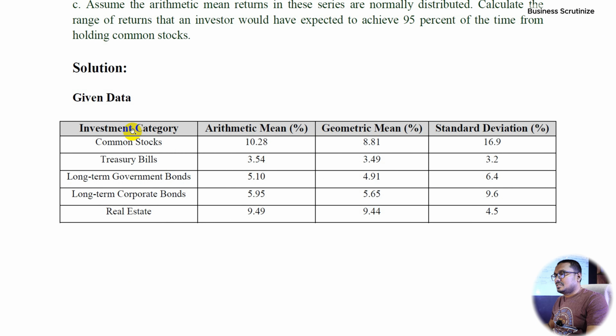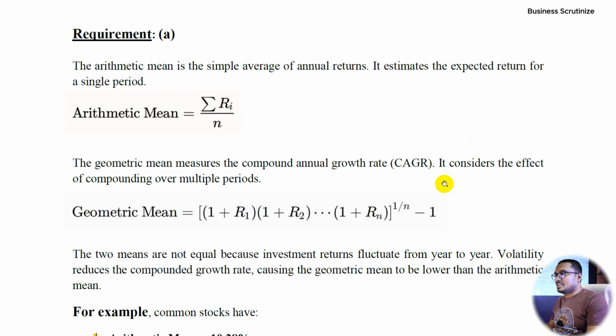There we have common stock, treasury bills, long-term government bonds, long-term corporate bonds, real estate, and their respective arithmetic mean in percent, geometric mean in percentage, and relative standard deviation. Now for requirement A, to compute the arithmetic mean, AM, we use the sum of R_i, the return of the particular investment or security, divided by the number of returns.